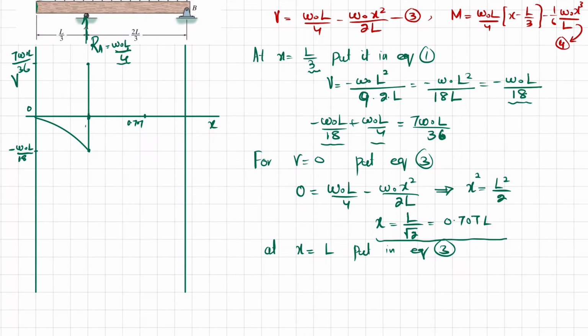So when you put it in equation number 3, you will get V is equal to minus W naught L over 4. So at this end, this shear force is minus W naught L over 4. So your shear force will be like this.